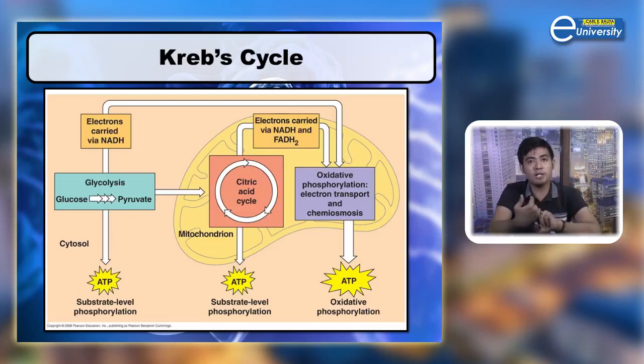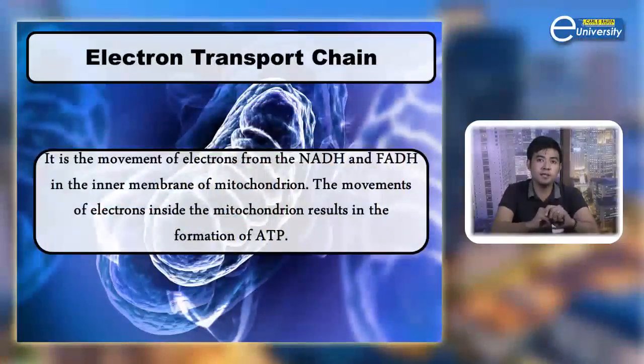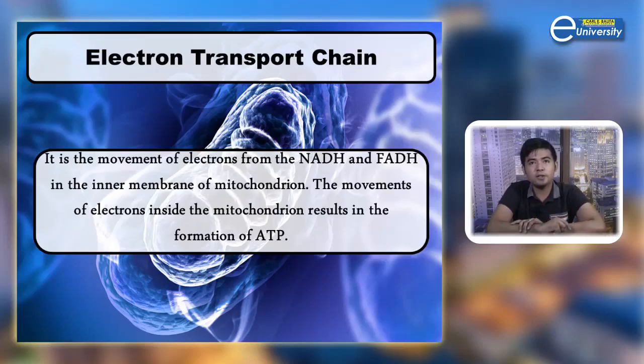Those two molecules are important for the next process. So again, the products of the citric acid cycle are the FADH and the NADH, which are the raw materials for the next process. The next process is called the electron transport chain, which is also called oxidative phosphorylation. So what is the electron transport chain?